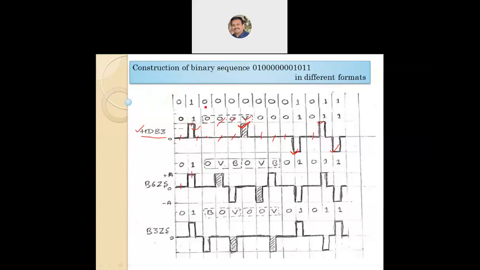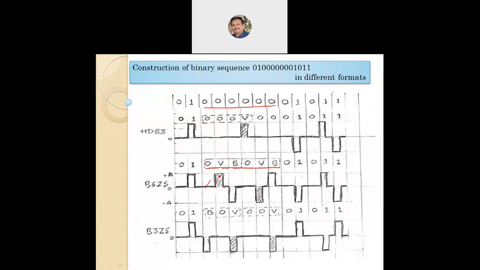So the group of 6 zeros is replaced by the bits 0VB, 0VB. Now let us put the construction as per the bipolar rule.